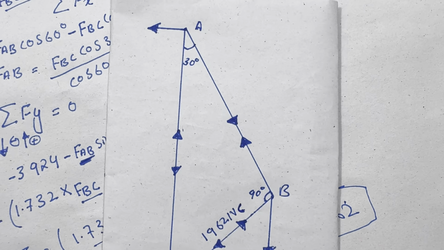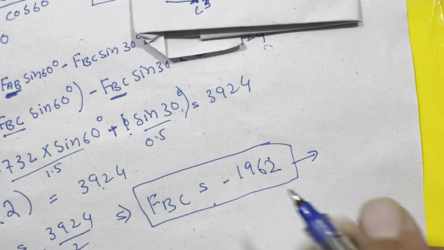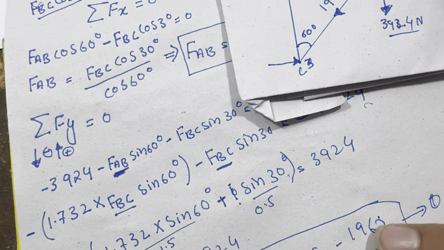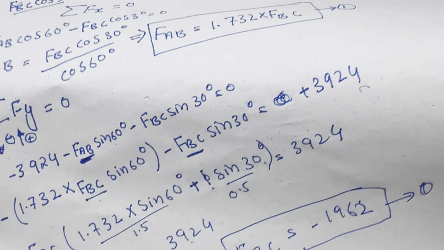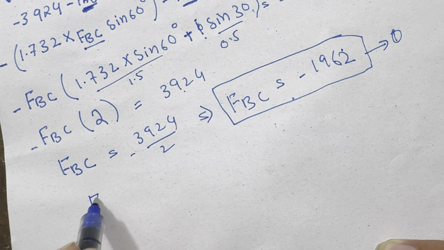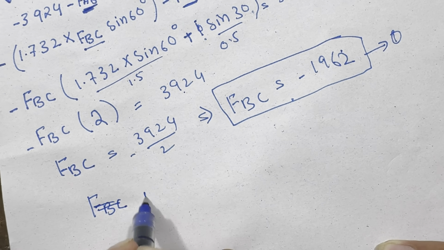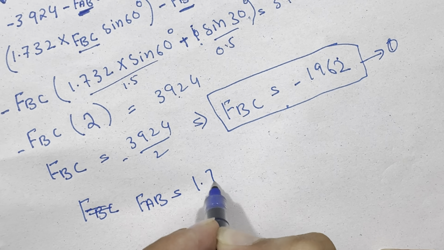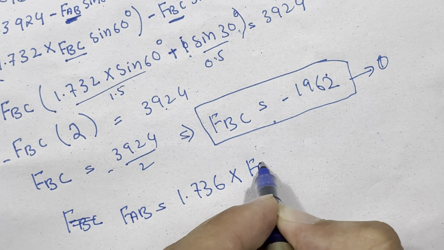Now I put this in equation 1: FAB equal to 1.732 multiplied by FBC.